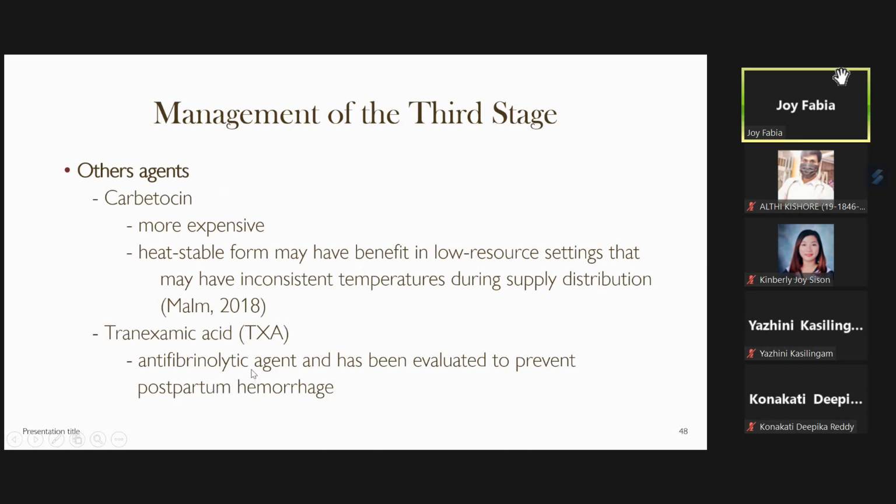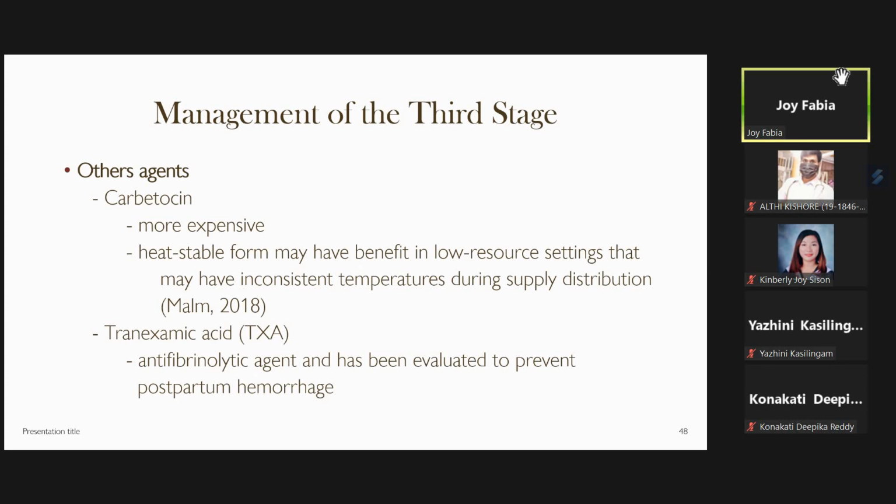And then the tranexamic acid. The tranexamic acid, this is not a uterotonic agent. This is an antifibrinolytic agent and has been evaluated to prevent the postpartum hemorrhage. Pero the tranexamic acid is given via intravenous infusion in a slow infusion rate.